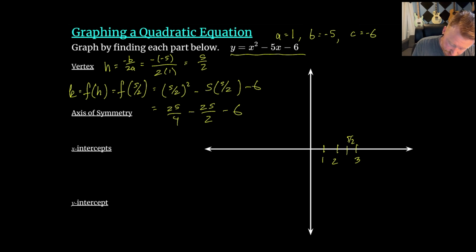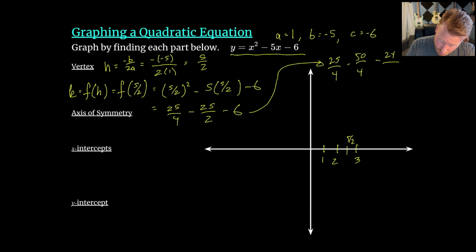If I get some common denominators here, this is going to give me 25 over 4 minus 50 over 4 minus 24 over 4. So 25 minus 50 minus 24, negative 49 over 4, which should be about negative 12.25.